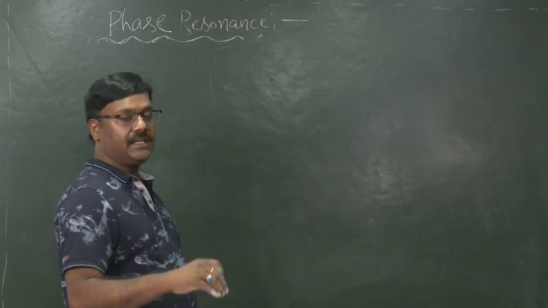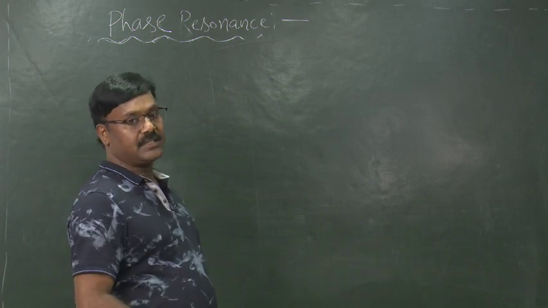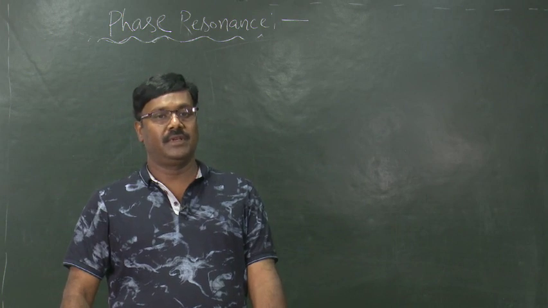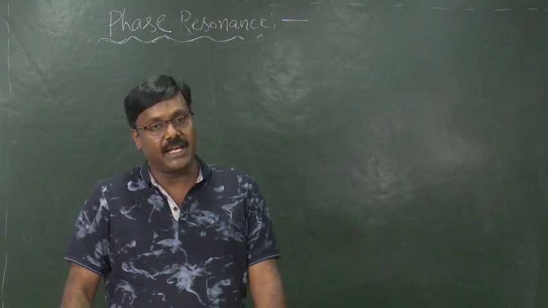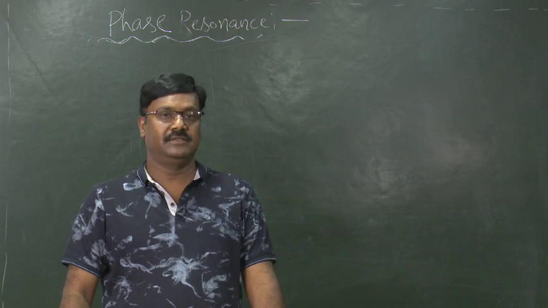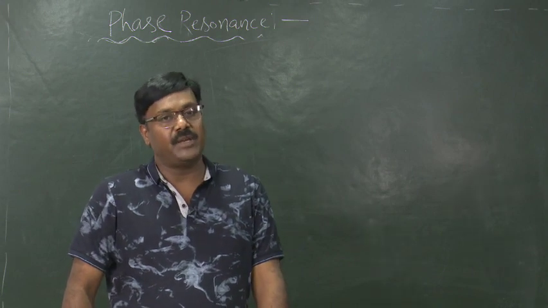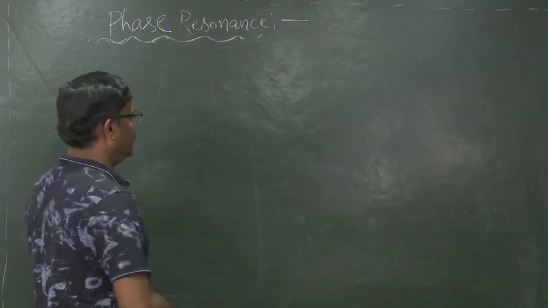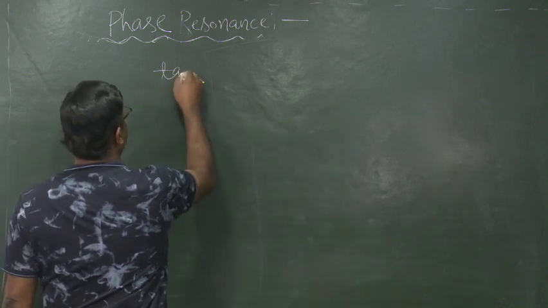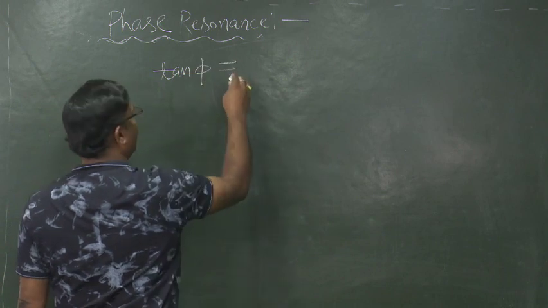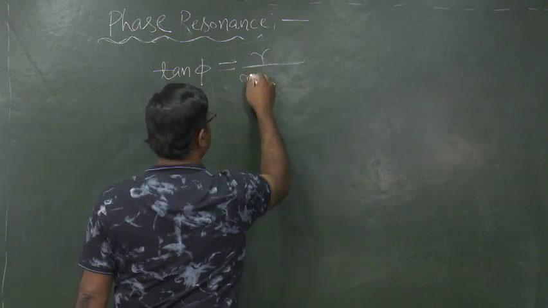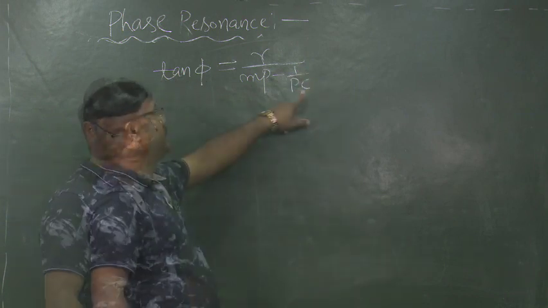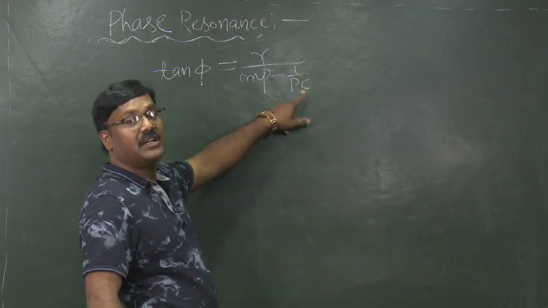Already while we were discussing forced oscillations, we had taken small r as capital R cos phi and mp minus 1 by pc is equal to capital R sin phi. From this we can write tan phi is equal to r by (mp minus 1 by pc). 1 by c is nothing but s.